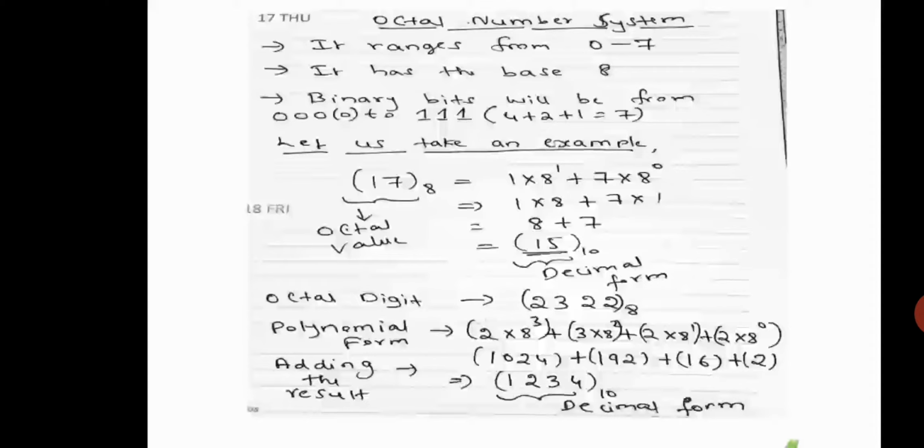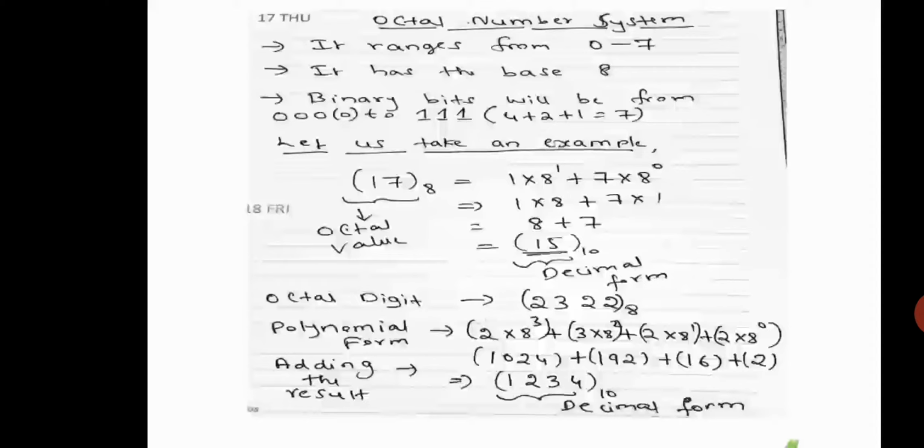Understood? Now again from the right hand side, what is 2 into 1? 2. What is 2 into 8? It is 16. What is 8 to the power 2? 64, isn't it? 3 into 64 is nothing but 192. What is 8 to the power 3? I don't know the exact number offhand. It is 8 into 8 into 8, you can take the calculator and check.